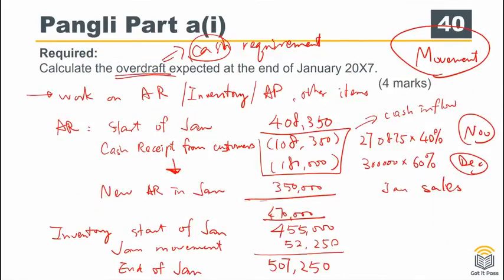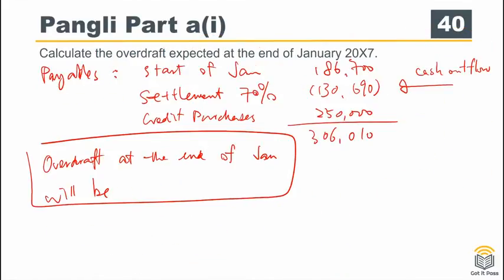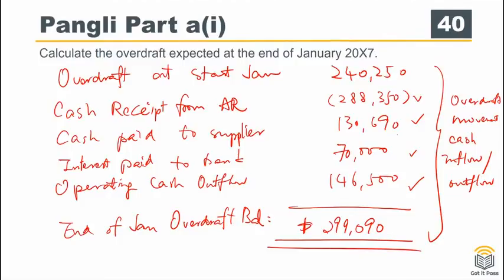We work with trade receivables by the end of the period, which is 470,000. And for inventories, we got 507,000. Payables 306,010. For the overdraft, the end of the period overdraft is 299,000.